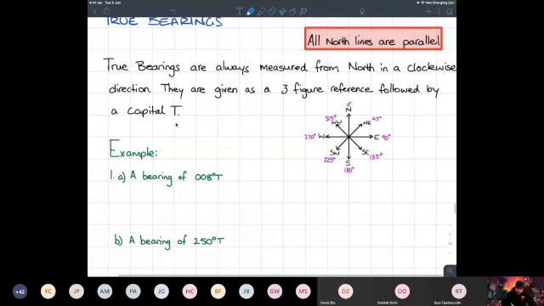You can see how it's 3 figures, 0, 0, 8 degrees, followed by my T. So if I pick a starting point, and then I look north, always look north, and then I turn clockwise 8 degrees, that's my bearing of 8 degrees. It's look north, turn 8 clockwise, and go. Hopefully that's okay.